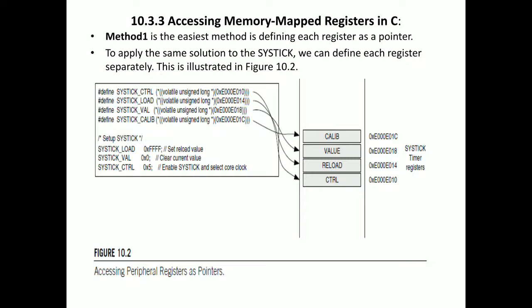Right now we are seeing how to access the memory of the Cortex M3 using C language. For one example, we have taken the system timer tick, which contains 4 registers. This is the figure containing a C programming construct for the system timer tick. Control is there, load is there.